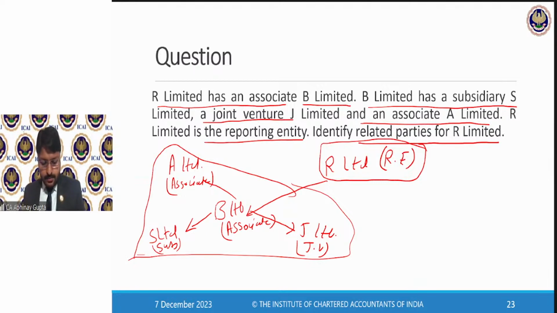Manoj is saying all are related parties. Mansha is saying B and S.